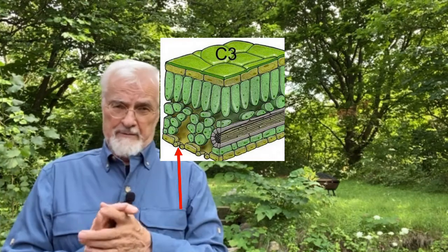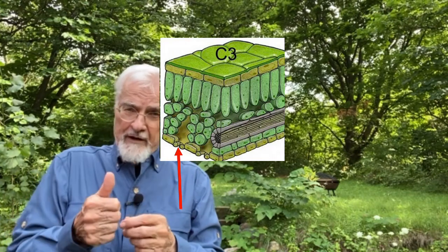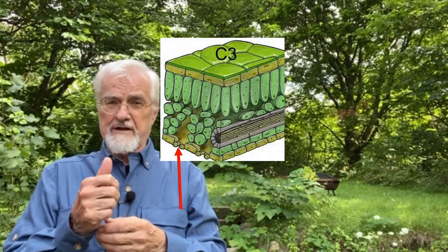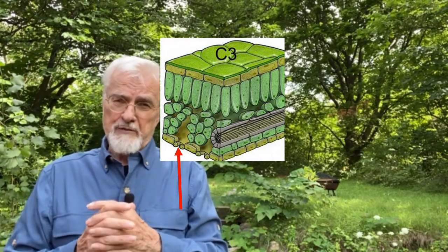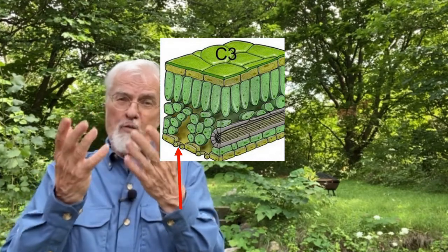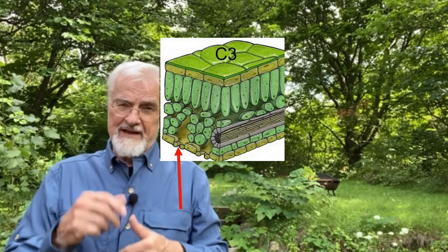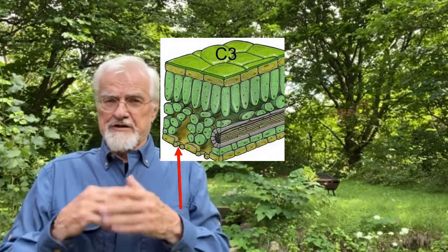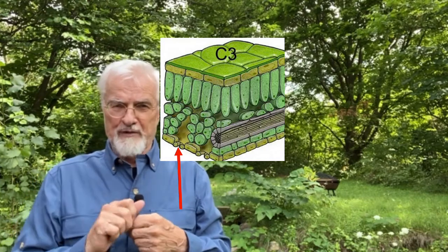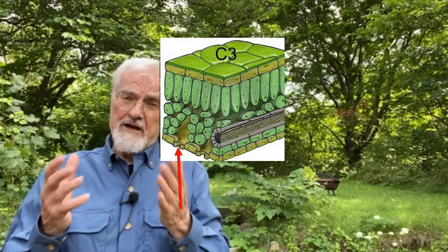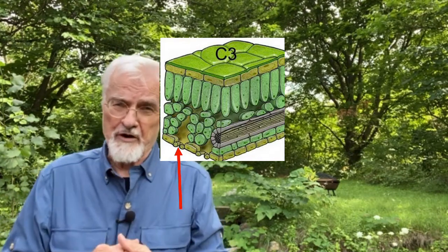Now, the stomata are important, as I said, for letting the air in, so that you have carbon dioxide that you can use in the whole photosynthetic process. But also, if it's open to the air, water can evaporate outside of it. That is, water vapor can escape through the stomata also. So the stomata present a solution to one problem, getting the air in for photosynthesis, but generate another problem, loss of water vapor.